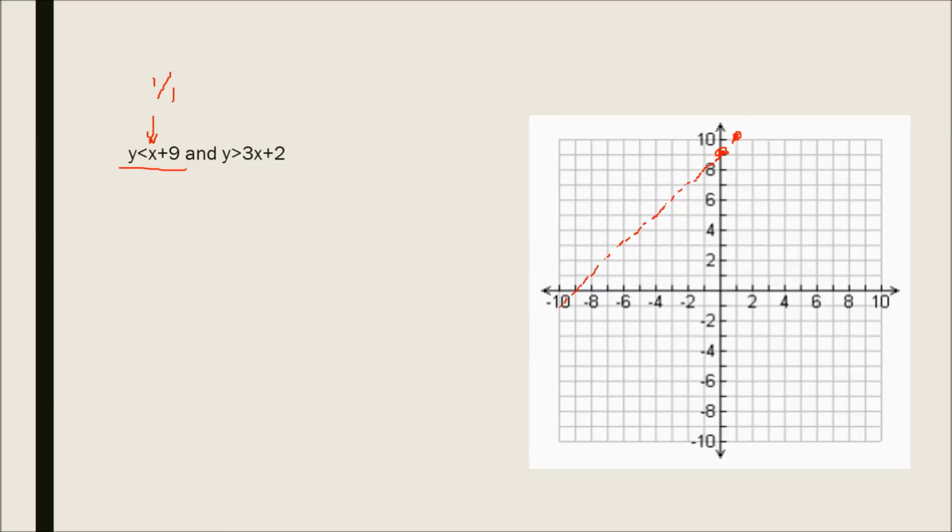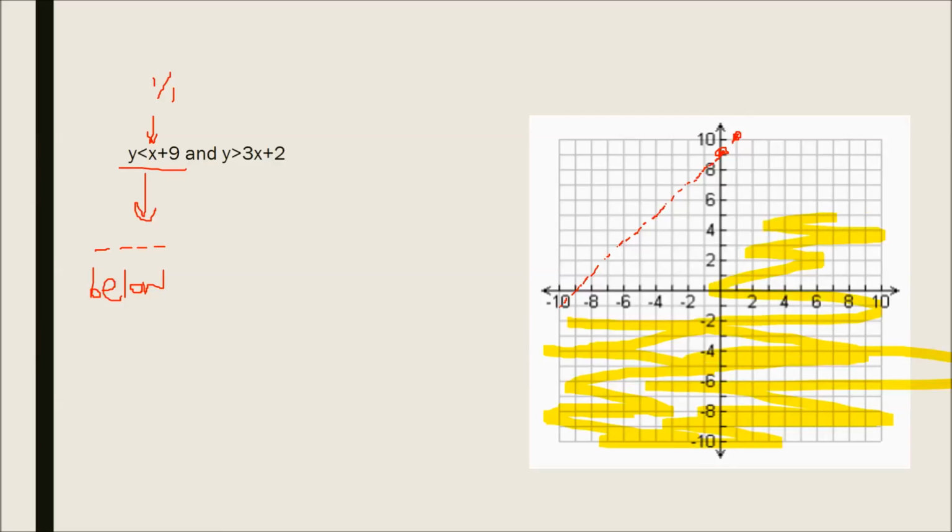It's a less than, and less thans go below because they both have L's in them. Less than, below. So that means everything below is shaded. I'm going to go ahead and do this with the highlighter. So everything there got shaded. A lot of highlighting on this one.